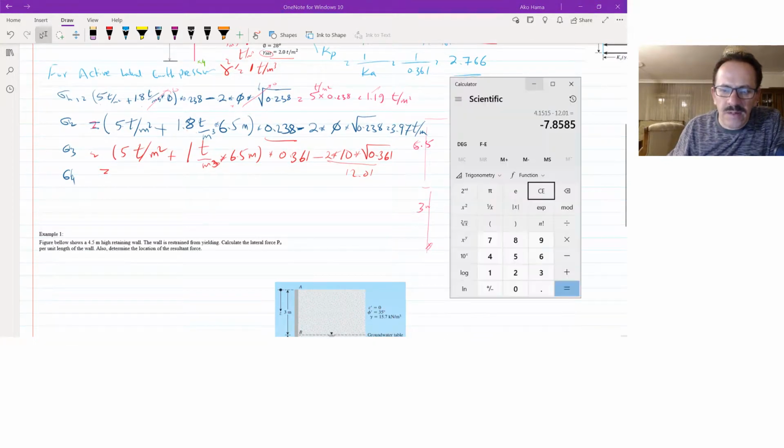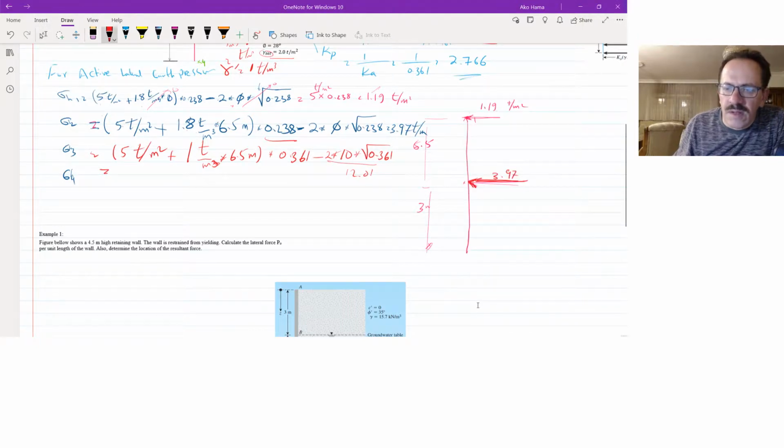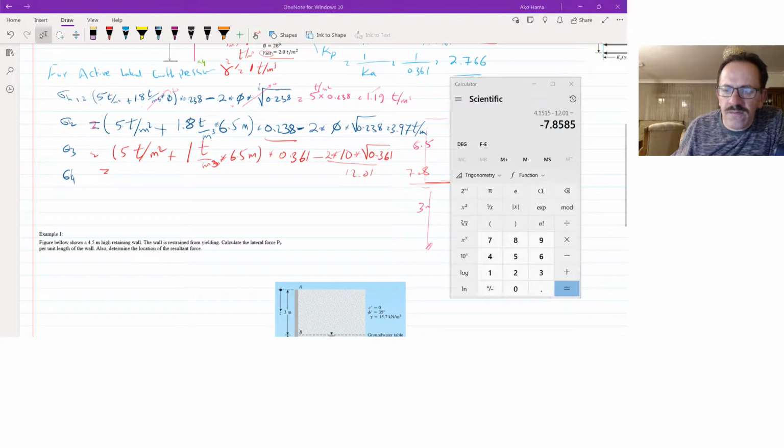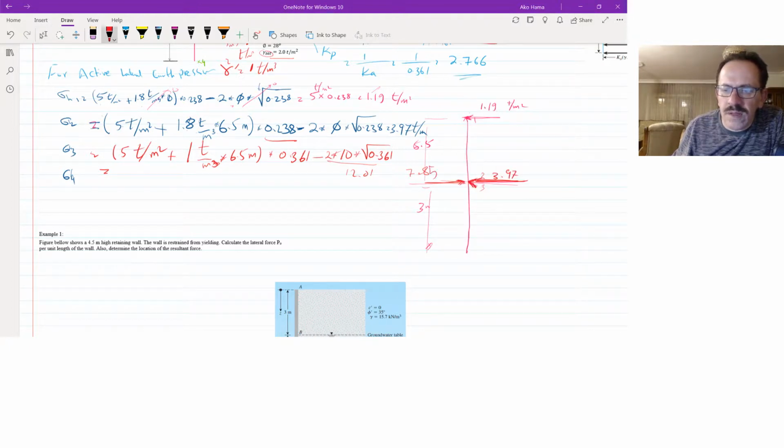Remember that this is 7.85, and it will be the same here but in a different direction. Now we have the lateral pressure here, 7.85. Since it is negative, it means that it will be in the opposite direction, so we have to draw it this way.